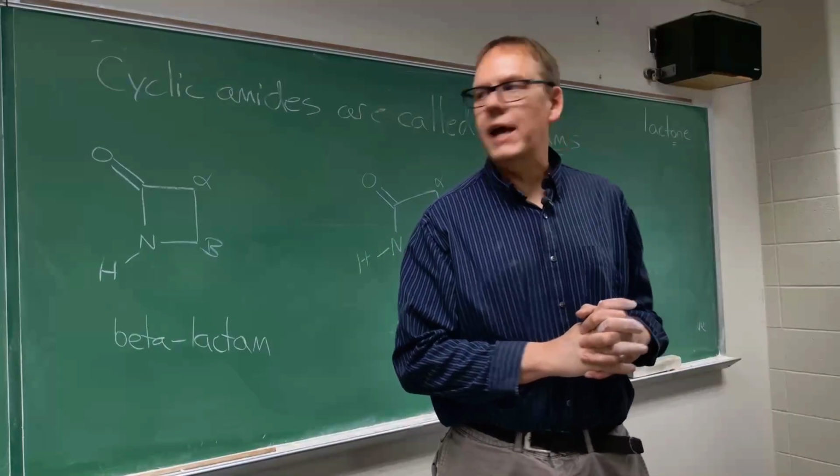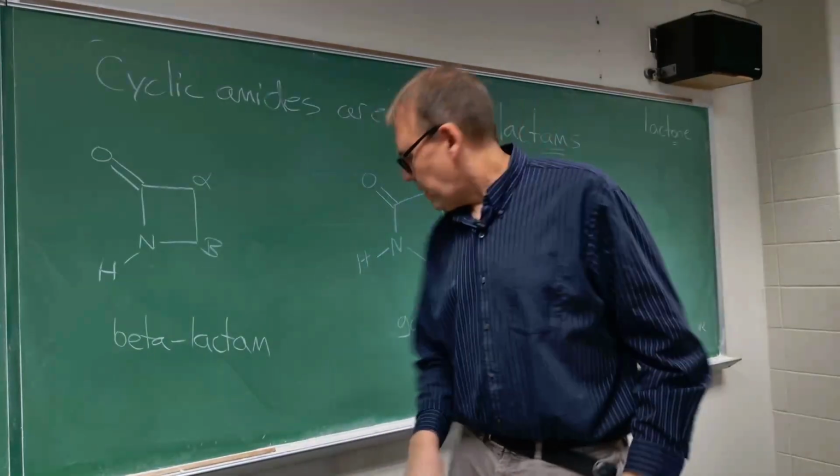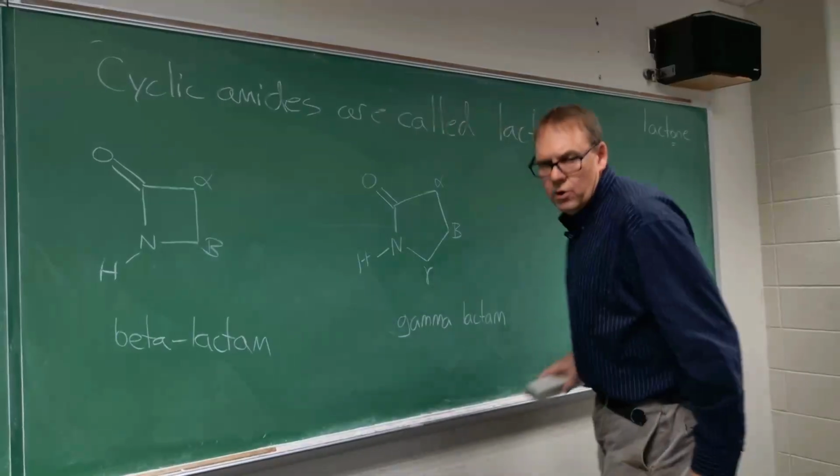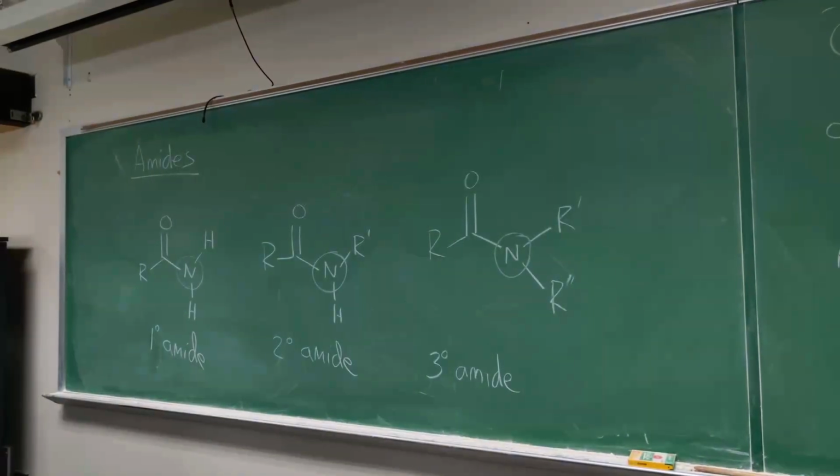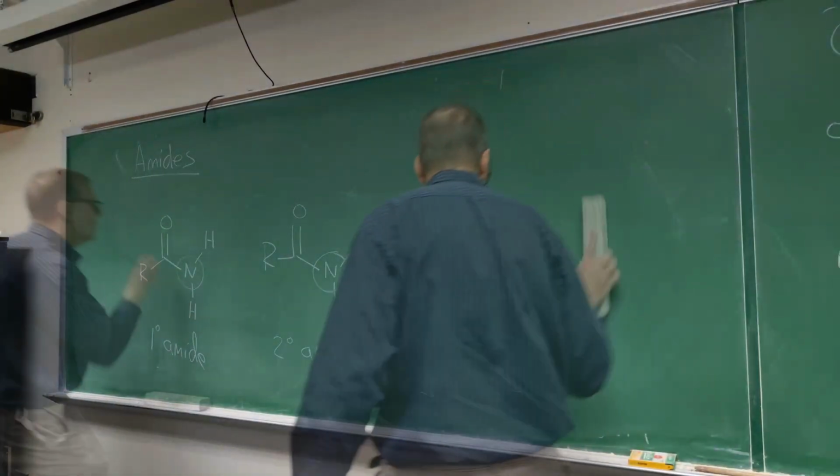Okay, well, let's move on to reactivity. We talked about how acid chlorides are the most reactive and amides are the least reactive, but why? That's what we're going to address here.